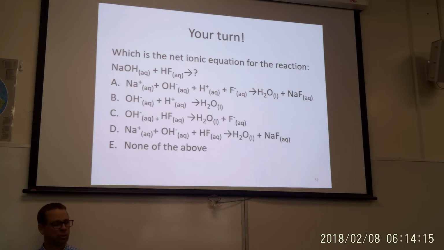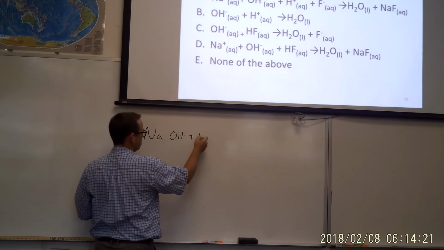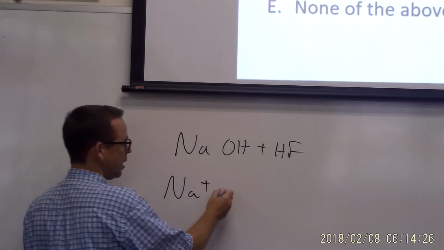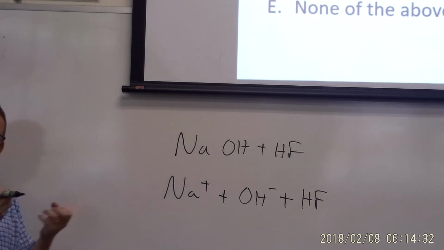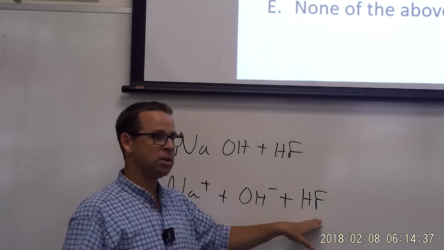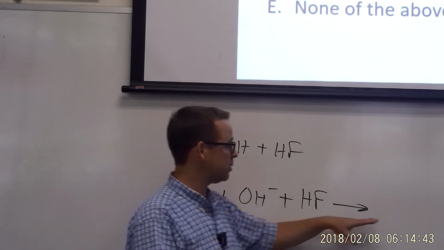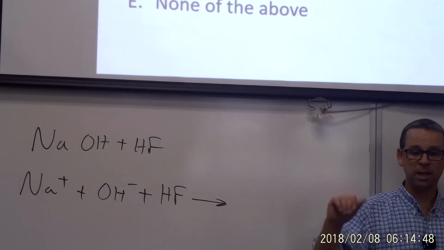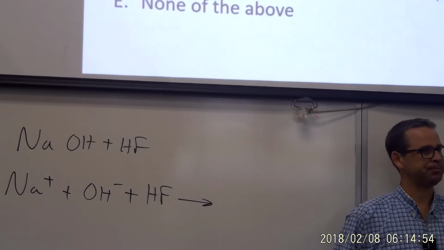So, when we write the dissociation of the left side, I'll give you a little hint here. The dissociation of the left, sodium ions and hydroxide ions. But HF is a weak acid. It doesn't dissociate significantly, so it won't be written dissociated. Then you can look at the products, find out which ones of those would be dissociated, get rid of the spectator ions, and find out what the net ionic equation for this reaction would be.